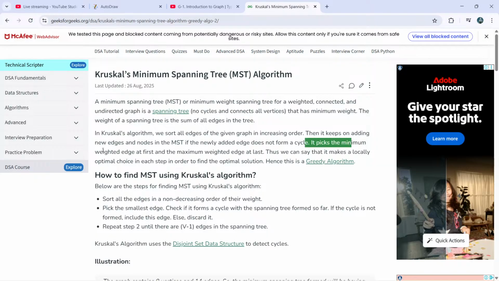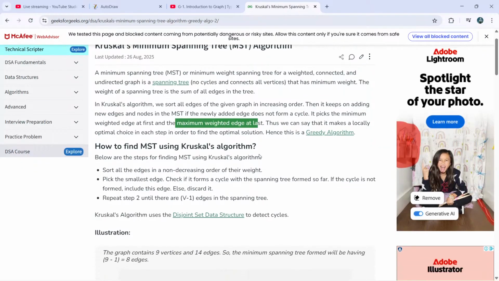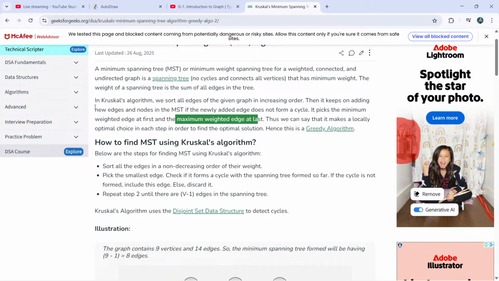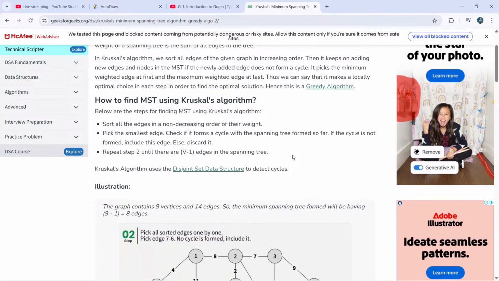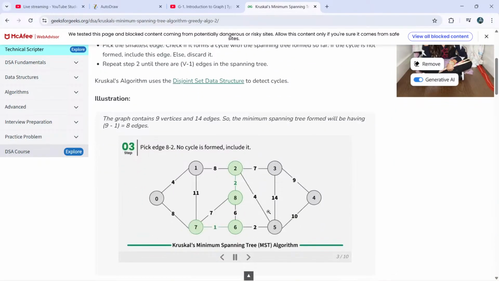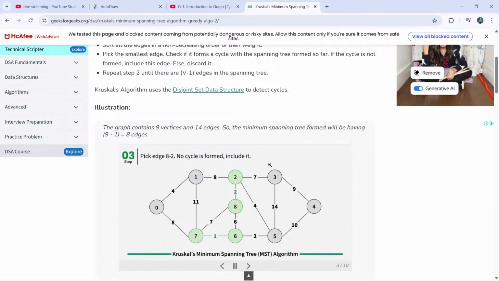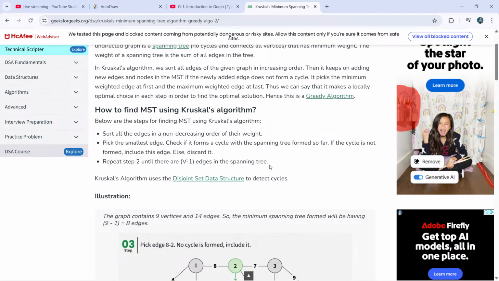It picks the minimum weighted edge at first and the maximum weighted edge at last. From these lines, I don't understand anything. Let's go to some visualization to make us understand this better.